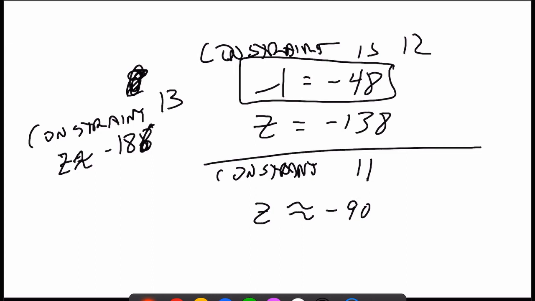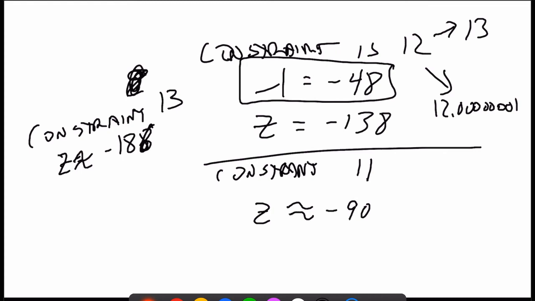It won't be exactly there because lambda is really for minuscule changes, not from going to 12 to 13, but from going to 12 to 0.0012. From going to 12, instead of 12, we go to this, then maybe lambda will be fairly accurate.